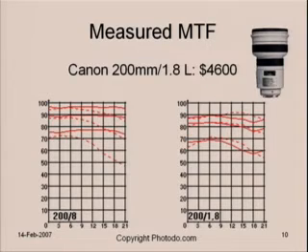It's actually not manufactured anymore, and I don't know why. I suspect it has something to do with difficulties in manufacturing. So it's interesting in that at f1.8, it is almost as sharp as it is at f8, and it has very little drop-off towards the edges, which is a pretty magnificent achievement by the designers.